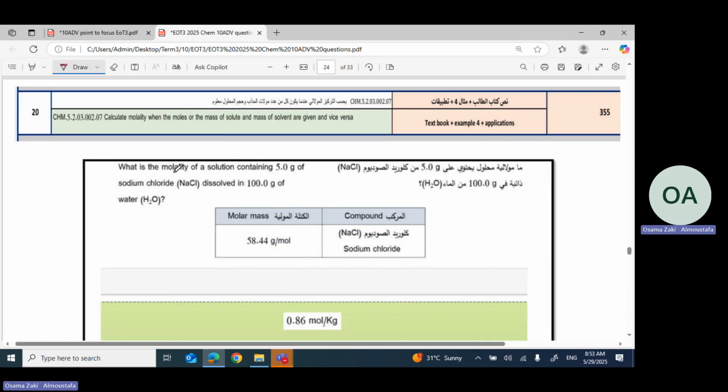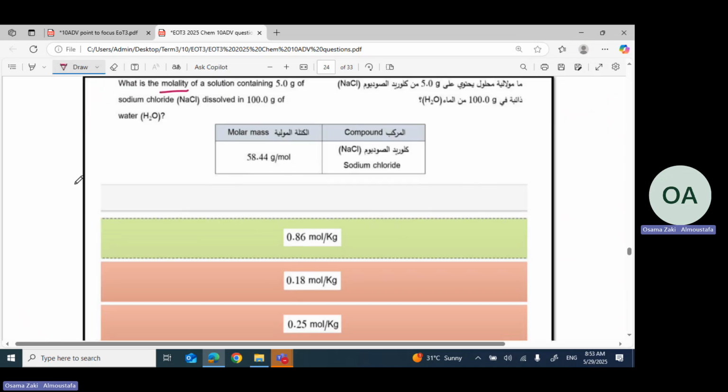Find molality. Molality, small m. Okay. Molality is moles of solute over kilograms of solvent. Okay, so this is the mass, this is the molar mass. Just divide them to get what? This is the mass of what? Of the solute.